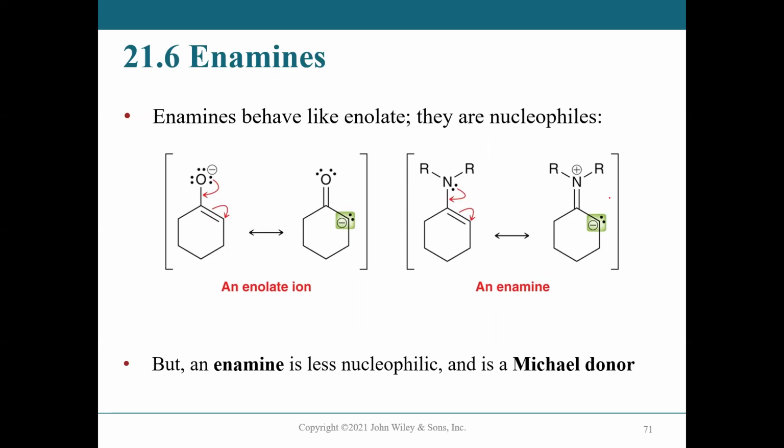You can see this right here, where this would be a Michael donor. And then it would find a Michael acceptor. And there'd be some electrons here.